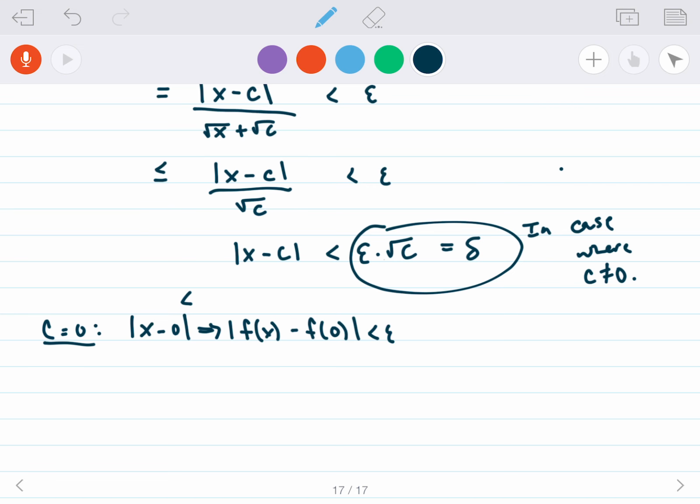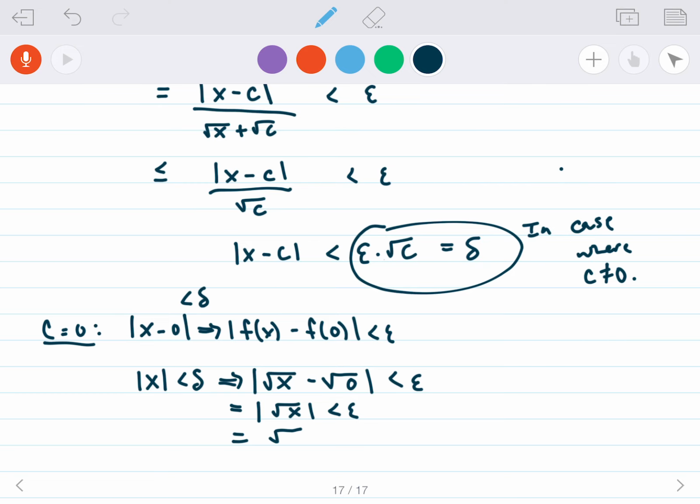So this is just saying x less than delta. I want this to imply this guy is less than epsilon. And so this is going to give us root x less than epsilon. Absolute value of something positive, we can remove the absolute value bars to just give us this is less than epsilon.